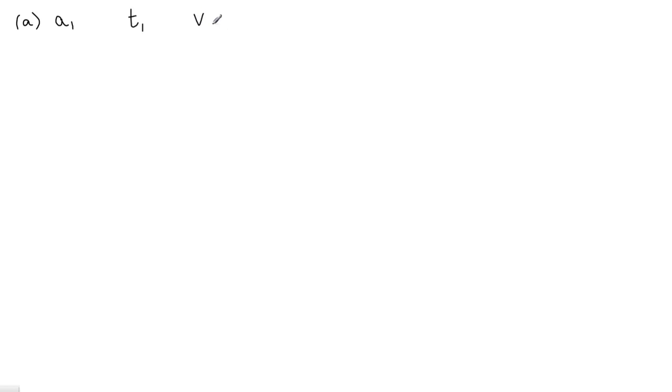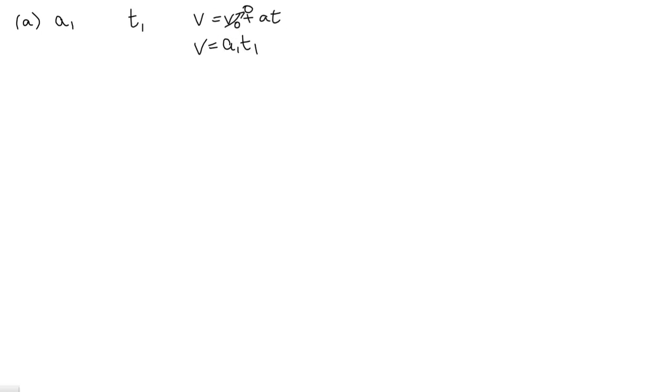We know that v equals v naught plus at in general, and in this case he starts from rest, so v naught is 0. So v is going to be a1 t1 for the whole problem. Now a1 and t1 are both numbers that you know, so this is something you can calculate.